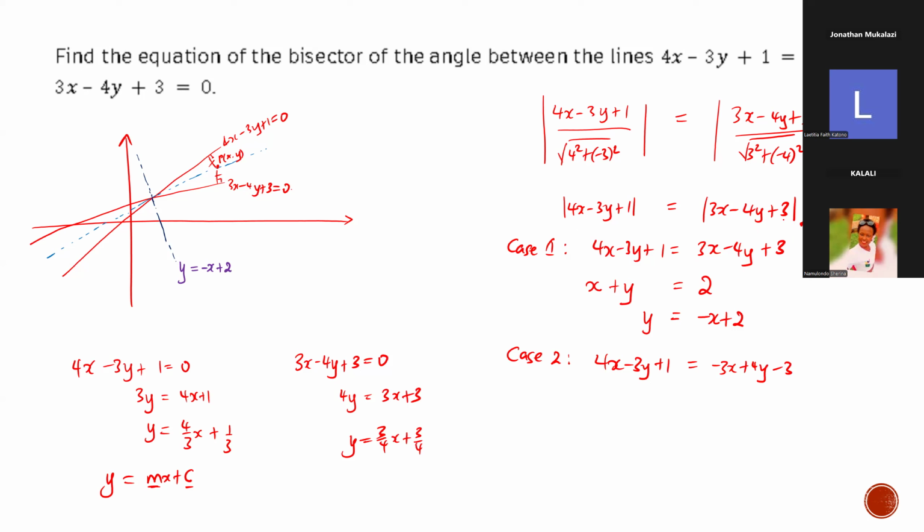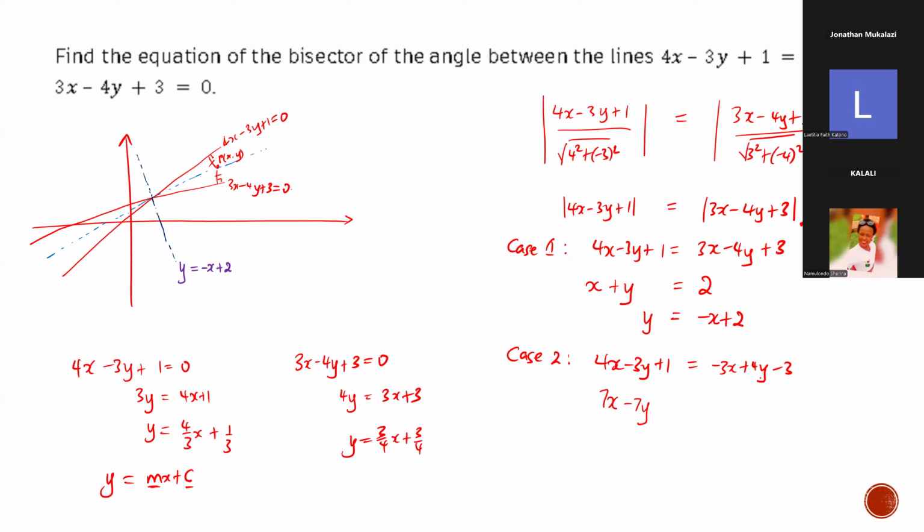If we make it 4 cases, then the other 2 cases will just be repetitions of these 2. If we decide to make the left-hand side negative, because if they are both negative, it's the same as them both being positive. And if one of them is positive and the other is negative, it will just be the same as this case 2 that we're doing right now. So when you simplify case 2, then you get 7x minus 7y.